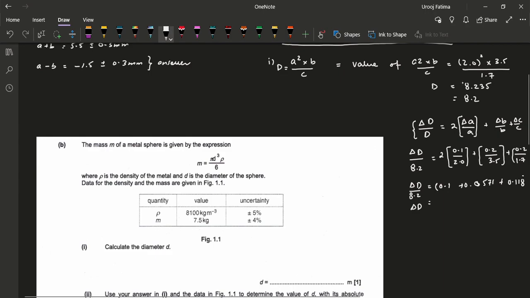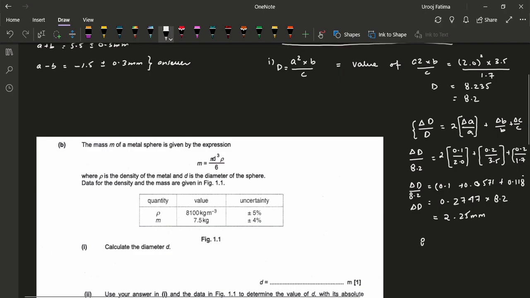The answer here would be 0.2747 times 8.2. Now let me multiply the whole thing by 8.2, and I get 2.25. The answer is 2.25.